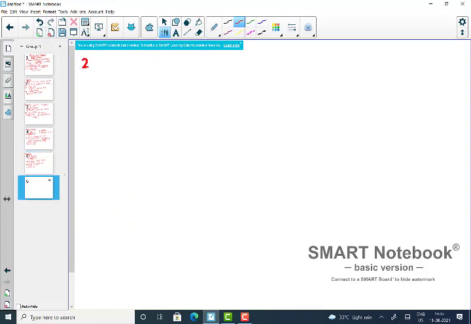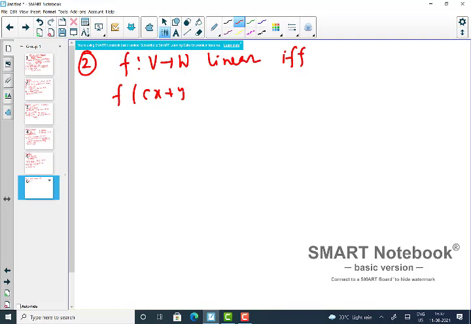Property number 2, which is very important, tells you that the two properties 1 and 2 can be combined as: f from V to W is linear if and only if f of cx plus y equals c times f of x plus f of y.